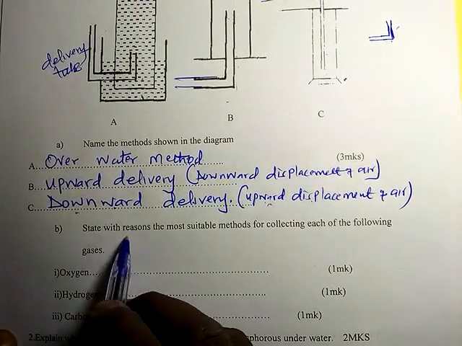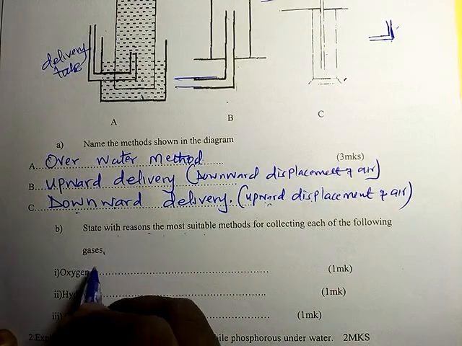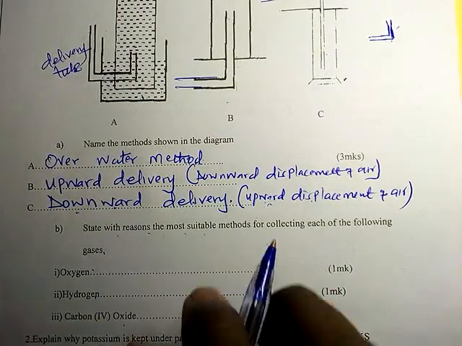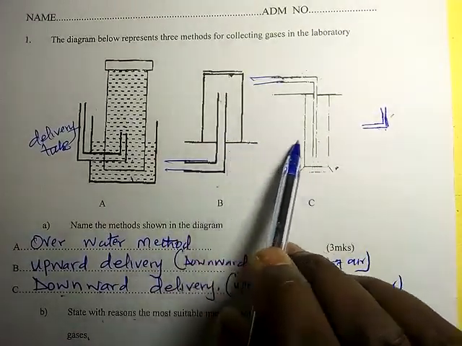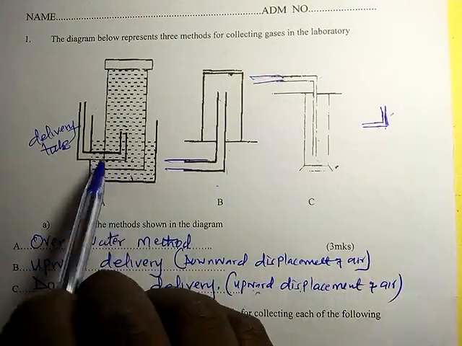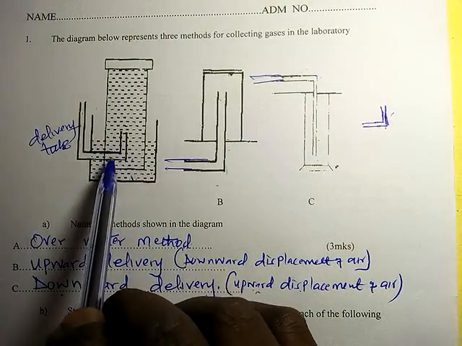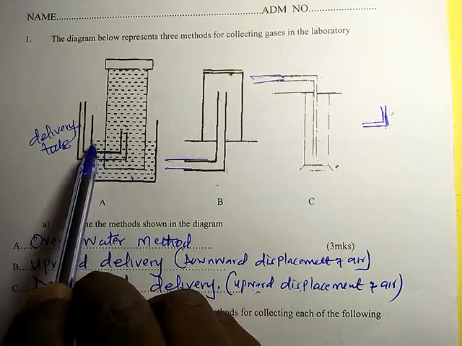State, with reason, the most suitable method for collecting each of the following gases: oxygen, hydrogen, and carbon dioxide. So these methods, the gas to be collected with any of these methods has some properties. Gases collected by over water method are slightly soluble in water.